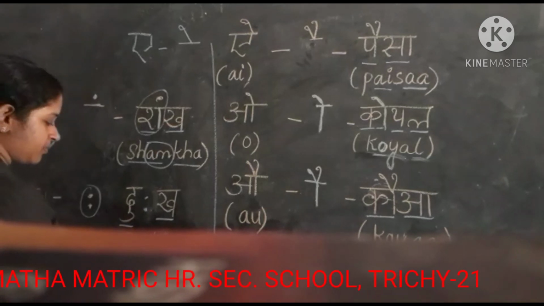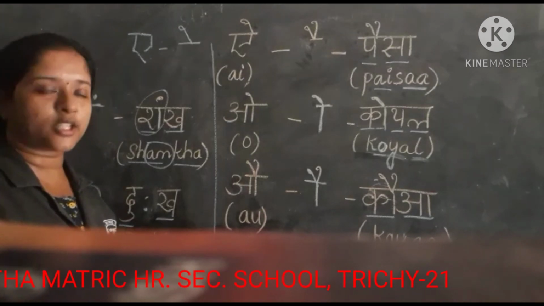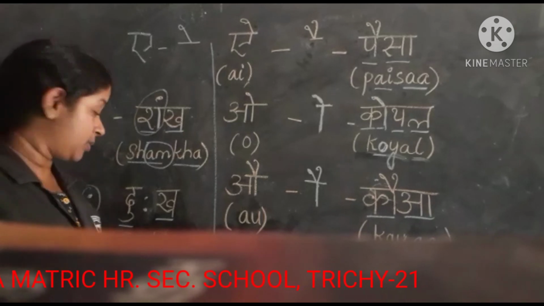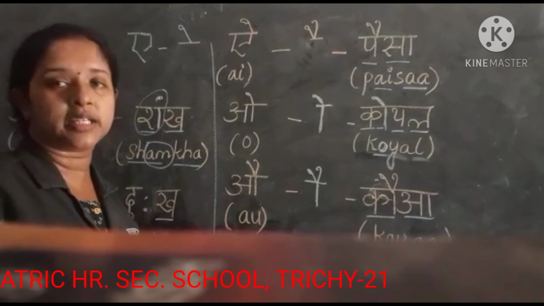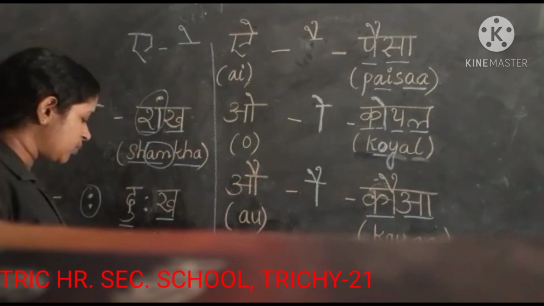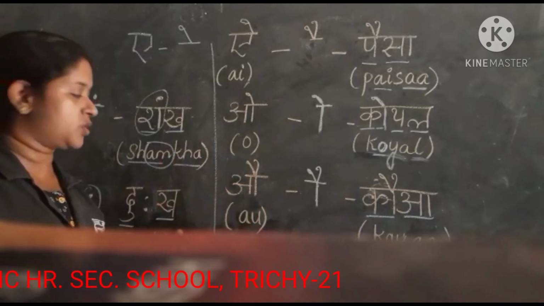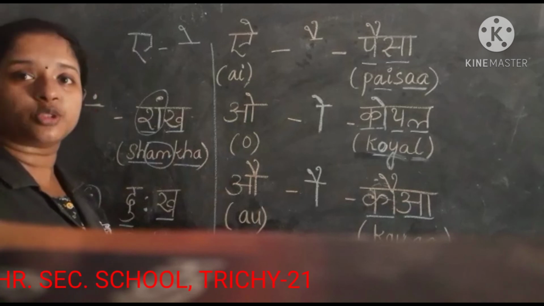Casually we say dukha, but the correct pronunciation is dukha. That aha sound should be there. And this one is ataha, this is prataha. That aha sound is coming, isn't it?